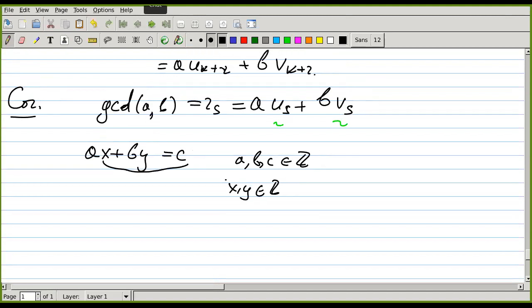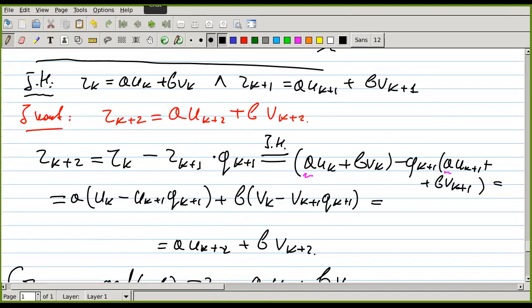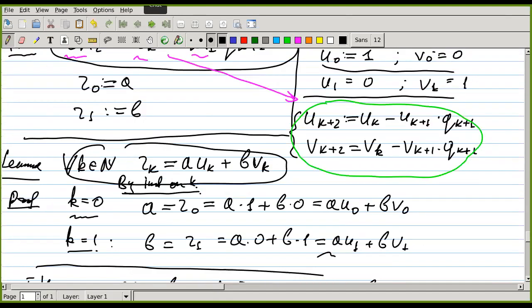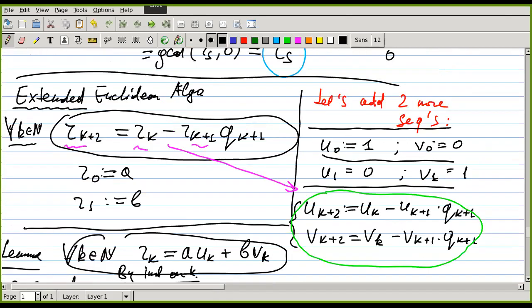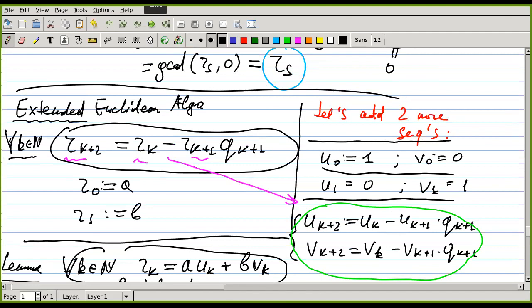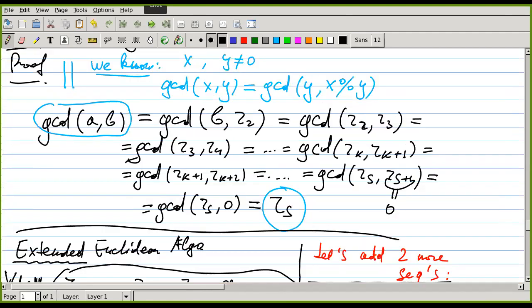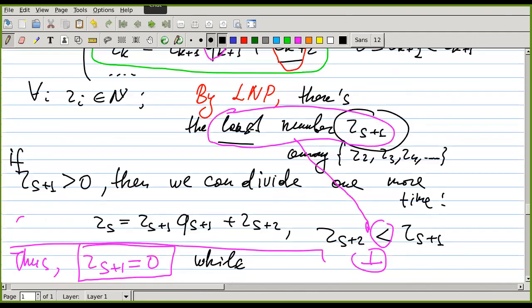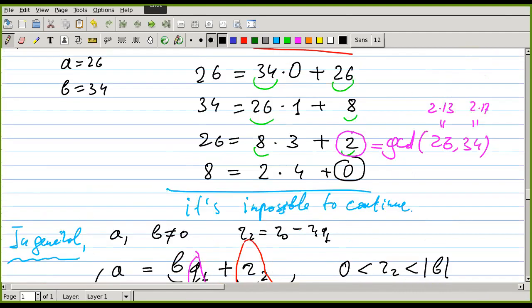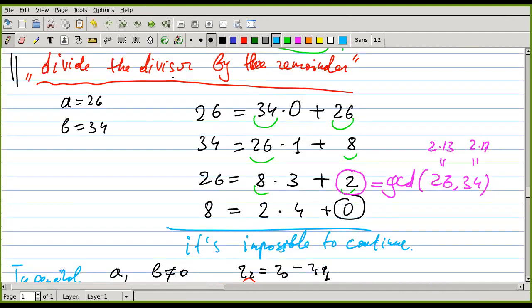So please memorize this Euclidean algorithm, and it would be very beneficial for you if you try to apply the extended Euclidean algorithm to some particular number. And a very good starting point is to extend this application of Euclidean algorithm.